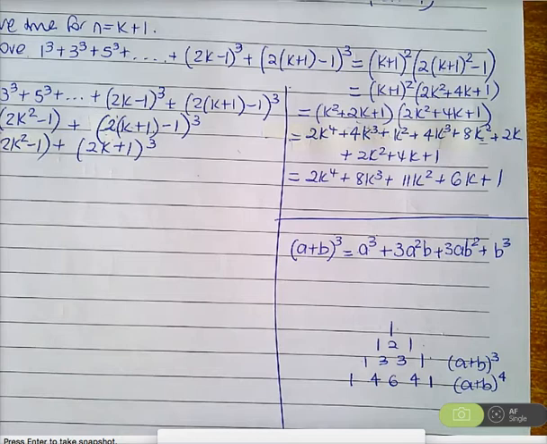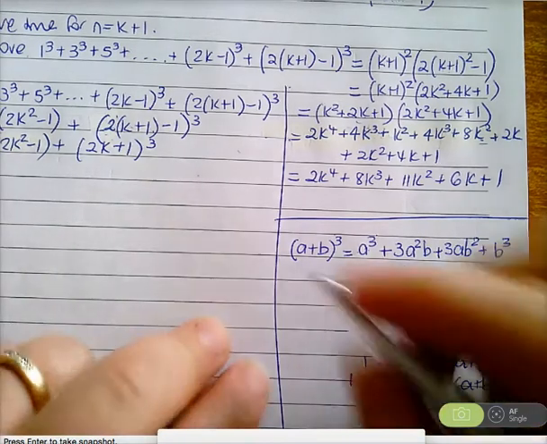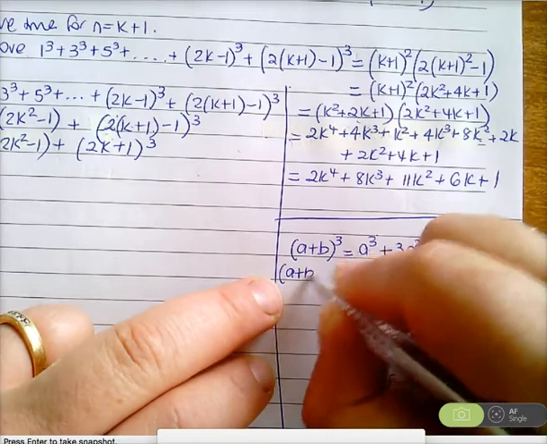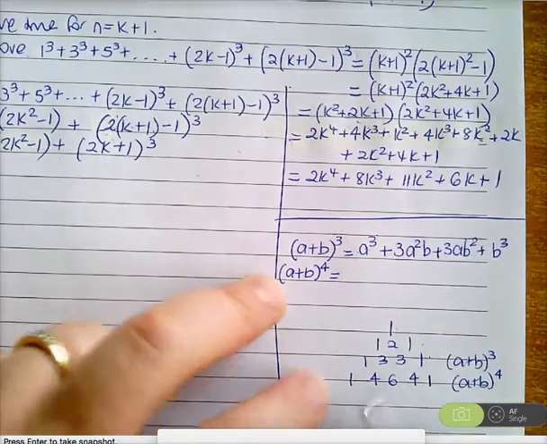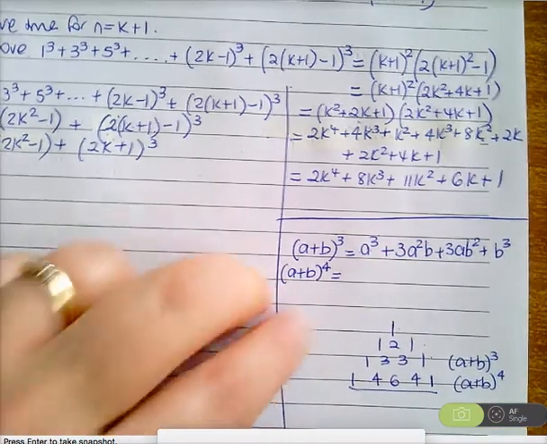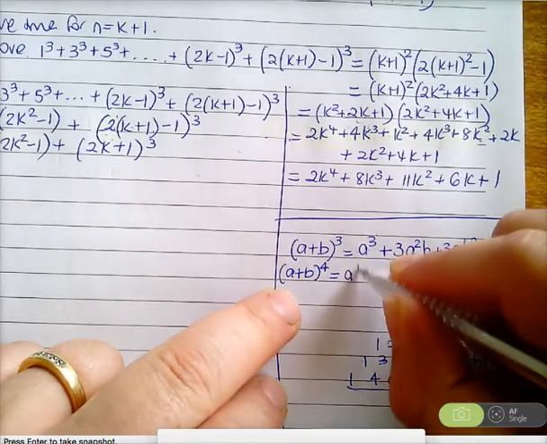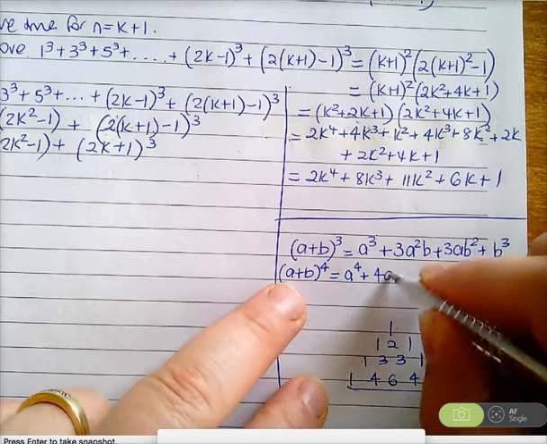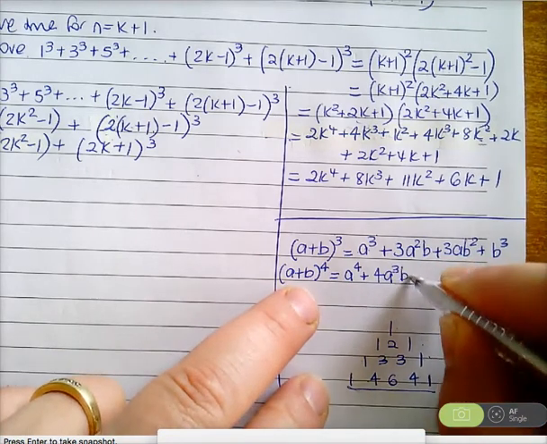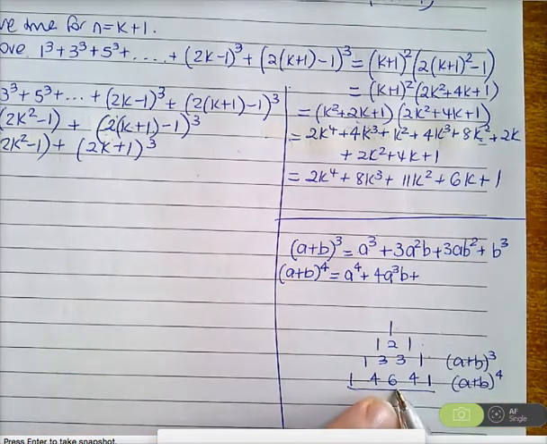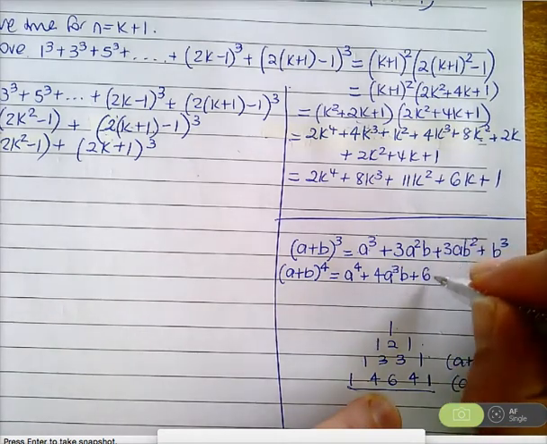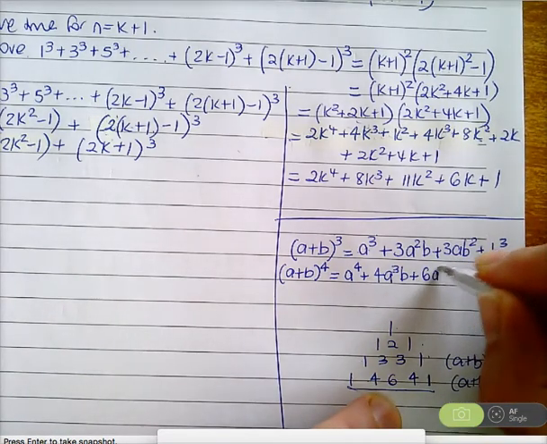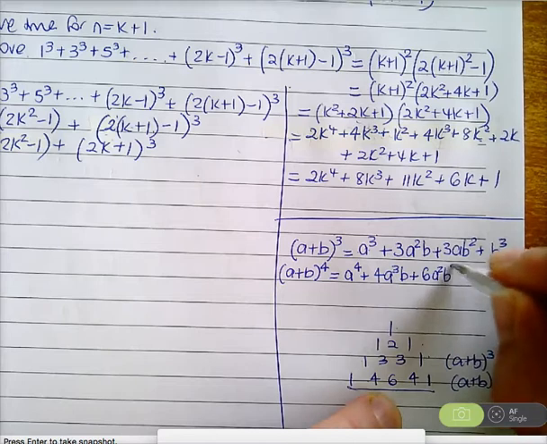It's different to the factorization of a cubed plus b cubed. If I want to expand a plus b to the 4, I'm going to use this next row. All right, it's a to the 4, highest power of a. Then the next coefficient is 4. Drop a power of a, introduce 1 power of b. Next coefficient, 6. Drop a power of a and increase b.